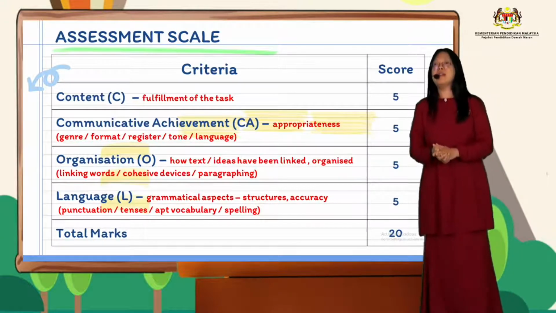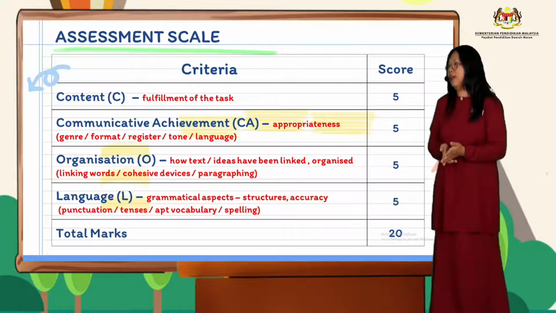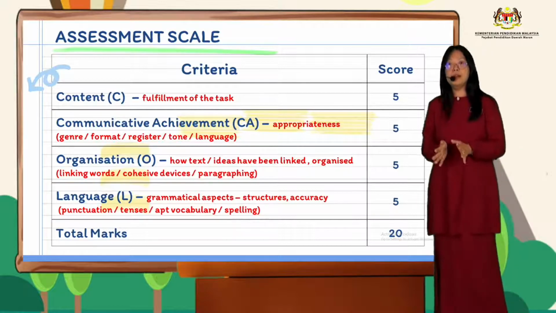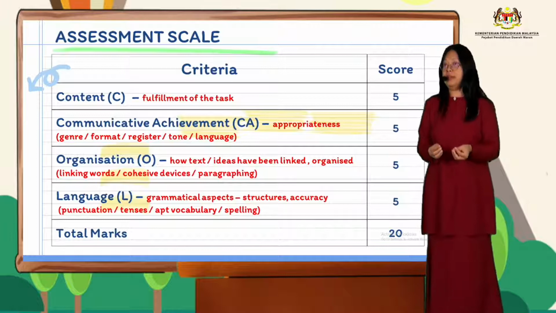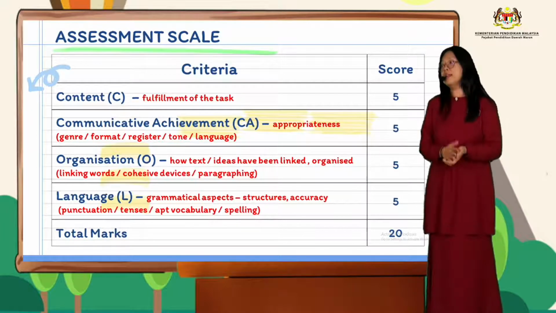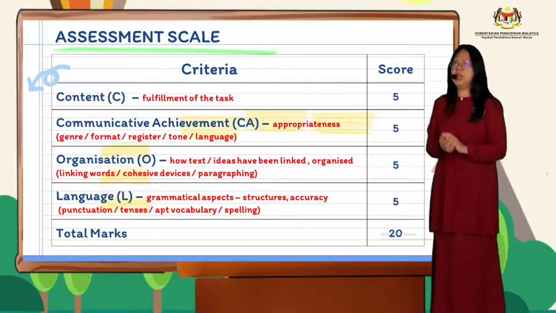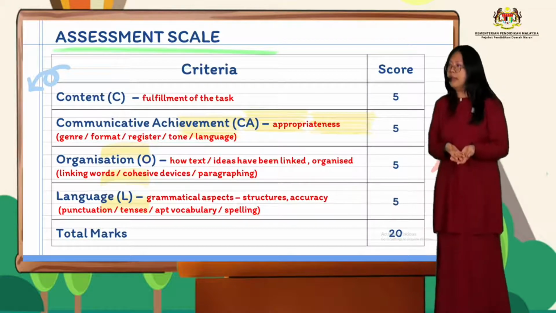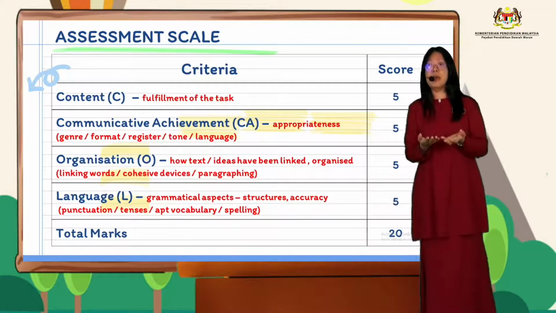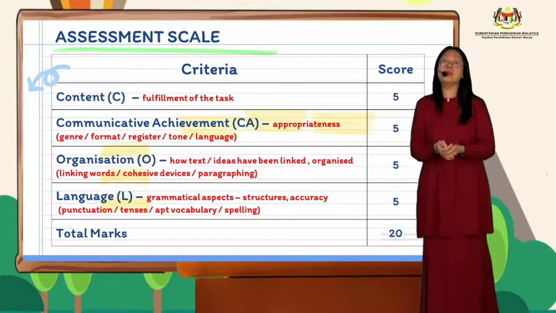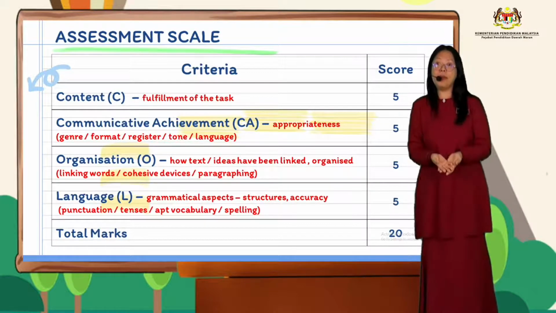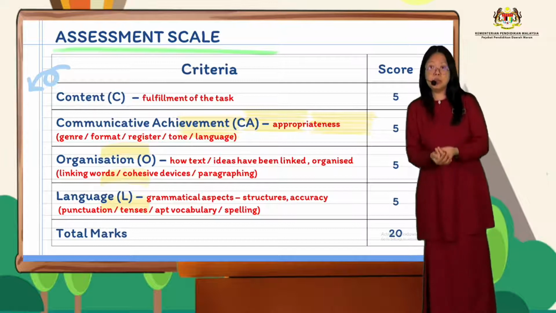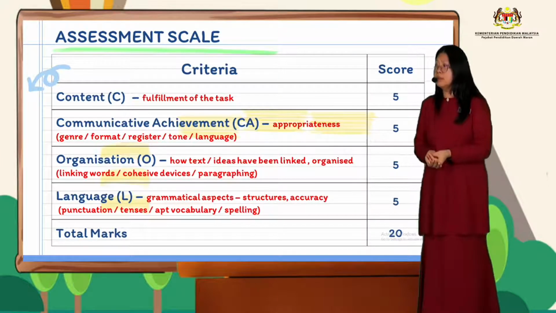Communicative achievement, CA. The focus will be on the appropriateness of writing based on the task given. Is the genre or format suitable? Are you going to use the correct format, the correct register or tone?